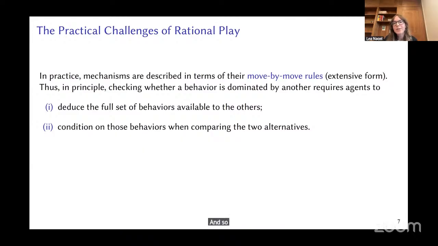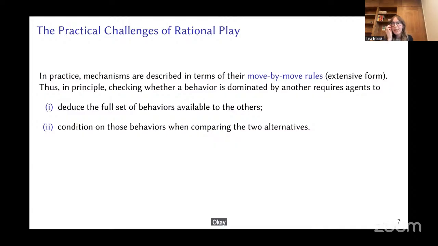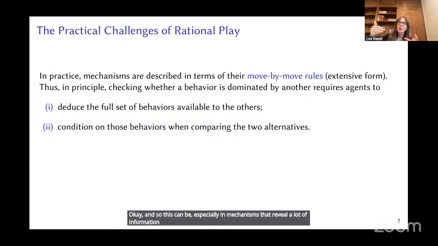And so then, in principle, checking whether some behavior that you have available is dominated by another requires you to do two different things. The first one is that you need to understand the full set of behavior that is available to the others. Okay, and this can be especially hard in mechanisms that reveal a lot of information, so that others can condition their behavior on that information going forward.